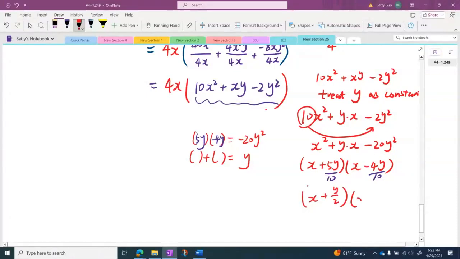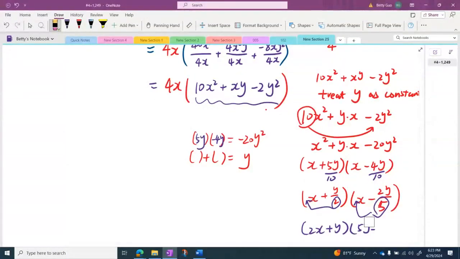By the way, this is a challenging problem. If you get it wrong, it's okay, because it is challenging. 5 here. And then slide it back, right? We're going to slide this 2 back in front of x. Slide this 5 back in front of x. So we have 2x plus y times 5x minus 2y.